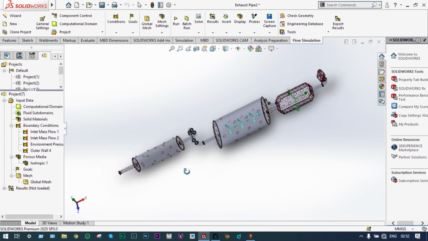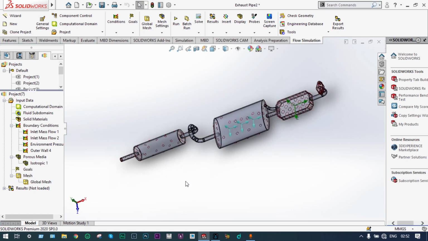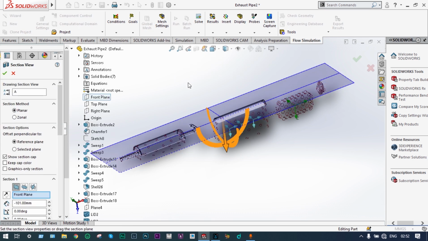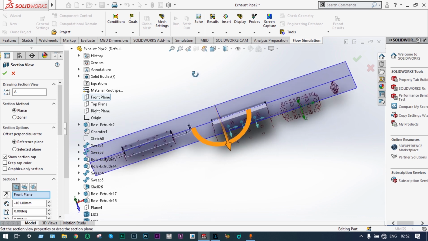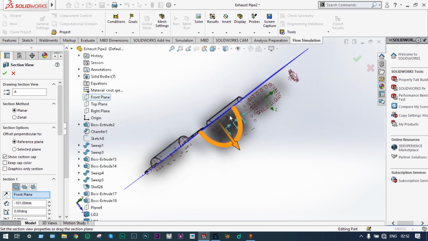Now we can select some goals. Our aim will be to have the exhaust gas temperature at the exit location, and that to be optimized with respect to some input variables, right? So we have to select the goals. Again, we can cut this object along some specific location.